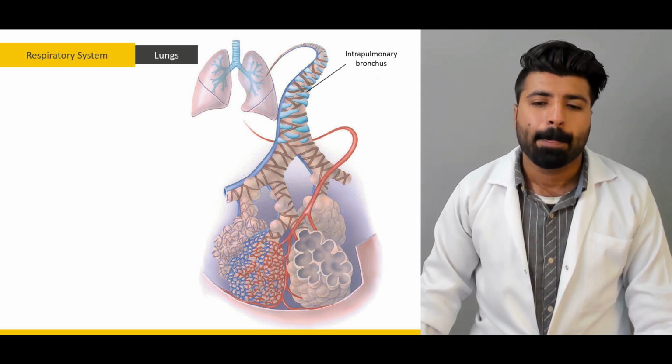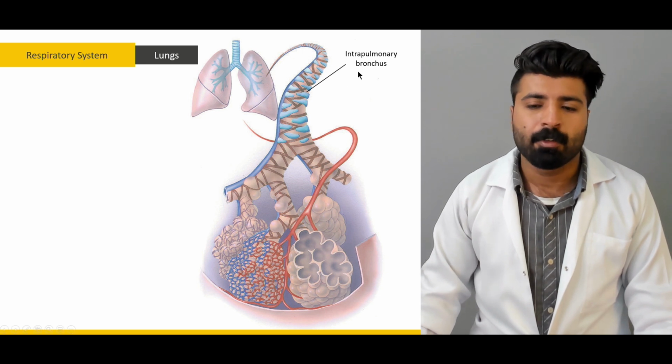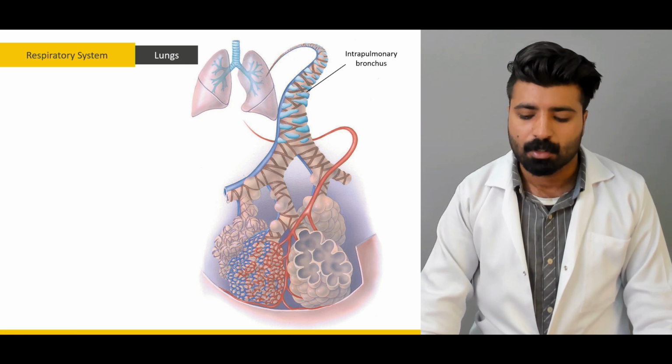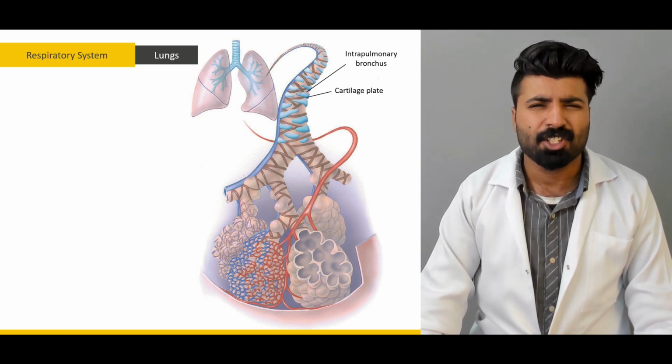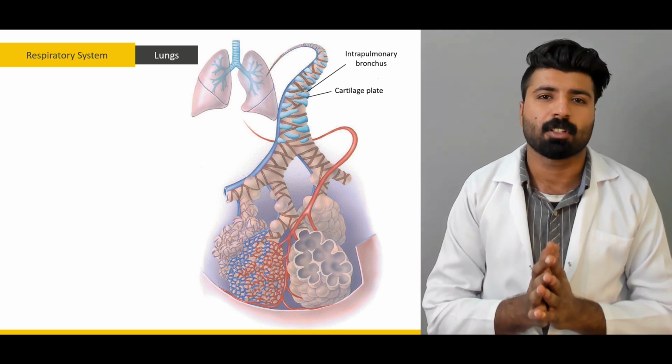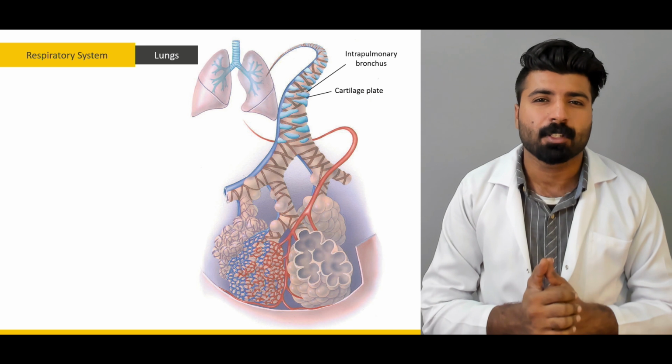First of all, there's this interpulmonary bronchus, which is the basic structure coming right down. It is supported by C-shaped cartilages. These cartilage plates are there to support the structure so that it does not collapse.